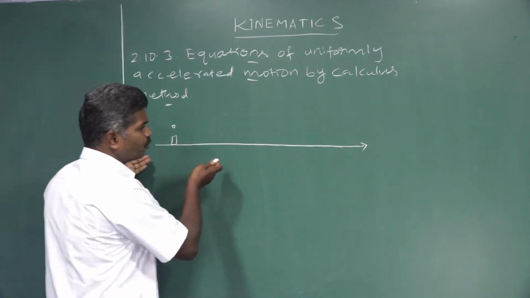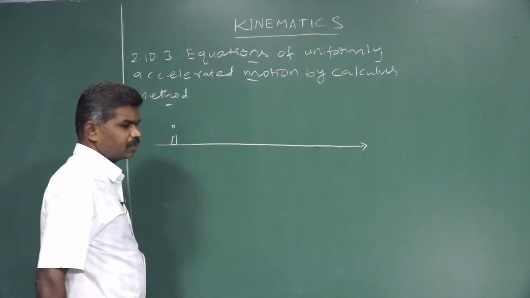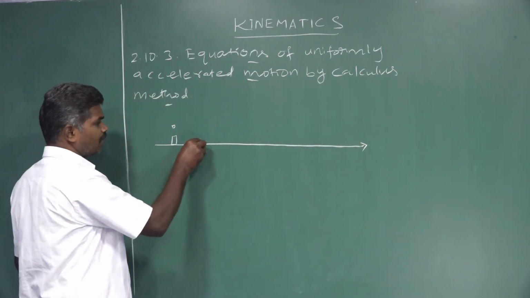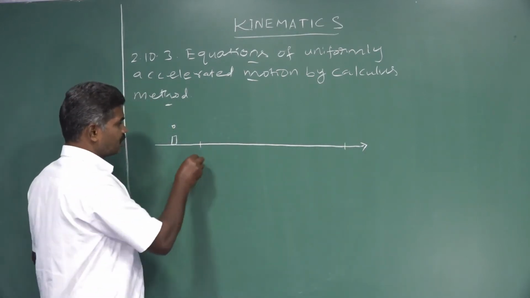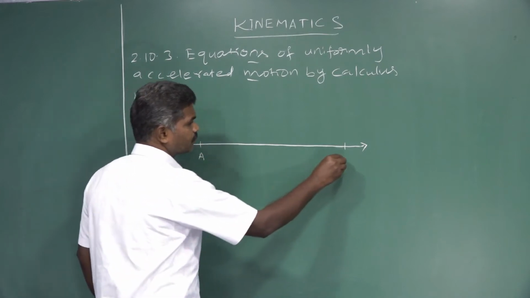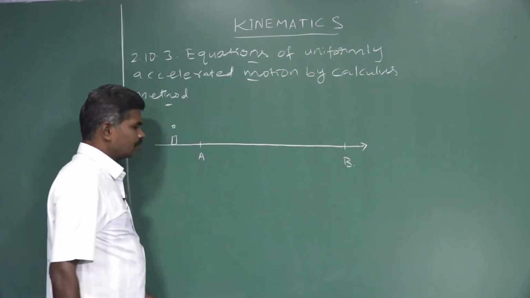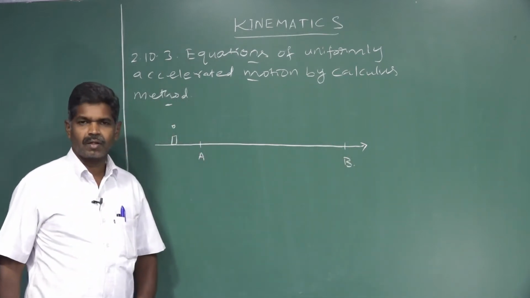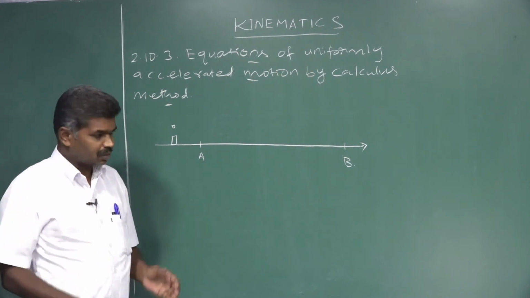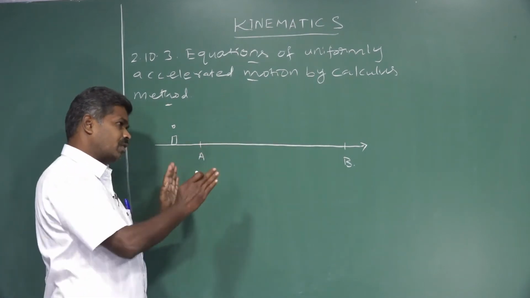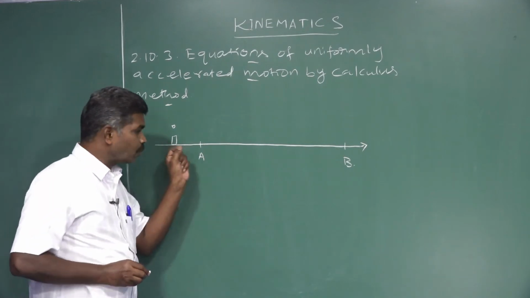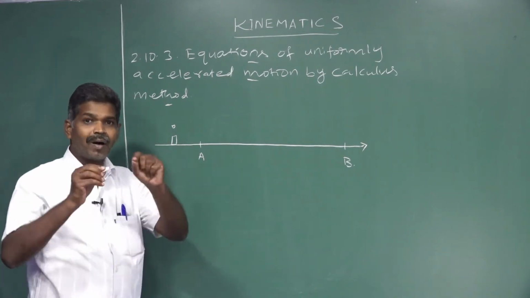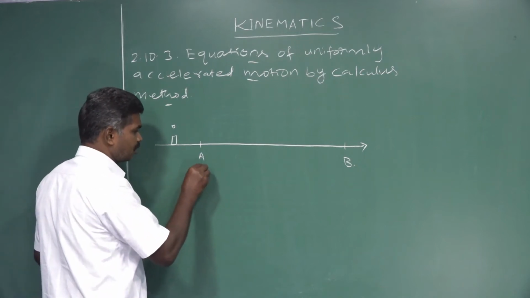Anyhow, it may move along a certain straight line path. There we are going to tackle two points, which I may mention as A and B. This may be called the initial position. It is continuously moving, but it is taken as the initial position. At this point, the time of moving may be taken as t is equal to 0.